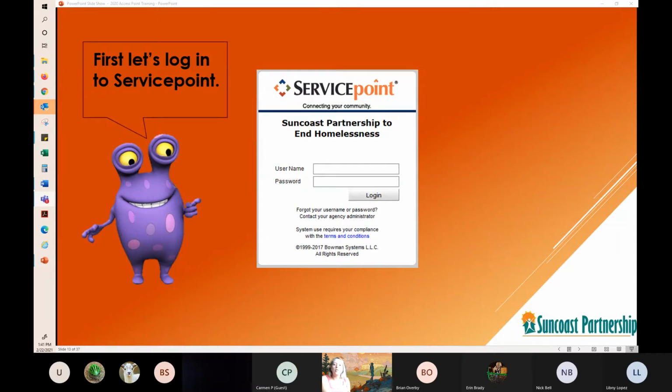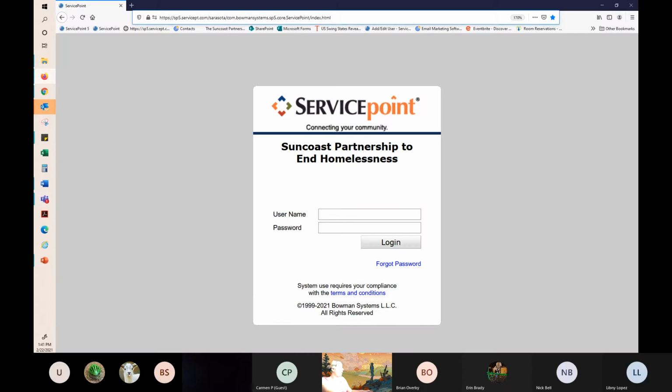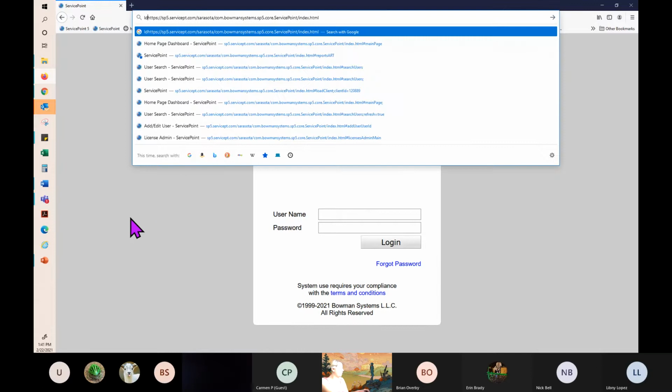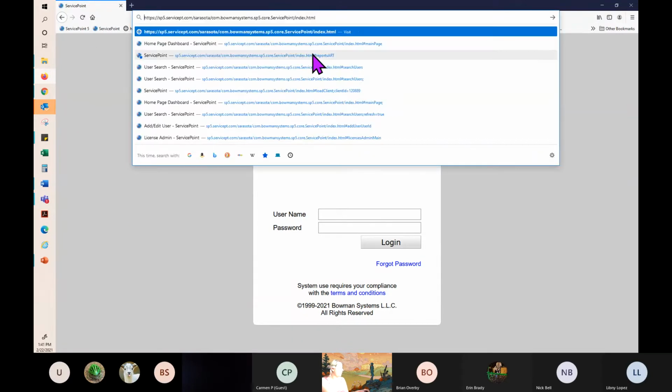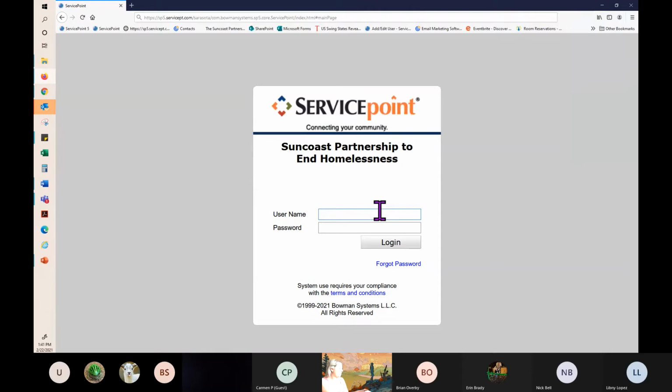All right, so let's jump back into the live site. After you complete training today, and if you don't already, you will have access to our coordinated entry intake form. So we're going to log in.